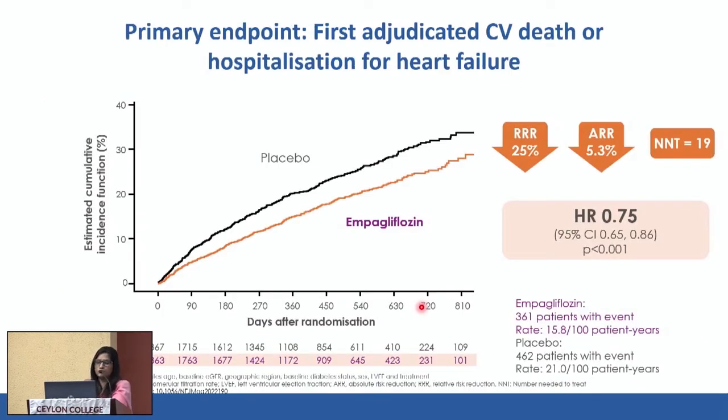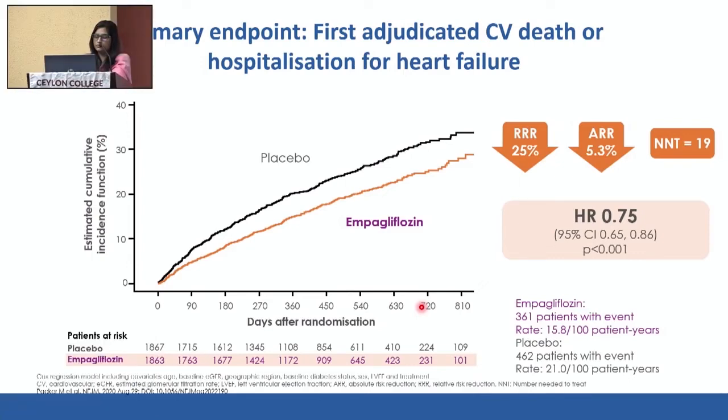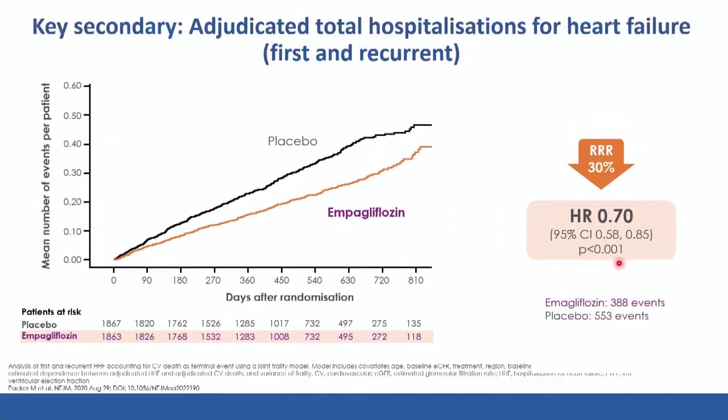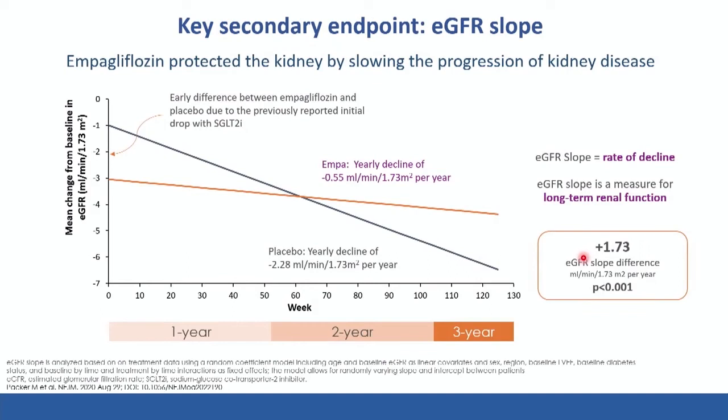Now, when we go to the primary endpoints, empagliflozin reduces the cardiovascular death or hospitalization for heart failure, and you will realize it has a significant p-value. And then when it comes to the total hospitalization for heart failure, once again the empagliflozin arm is favorable, with a significant p-value.